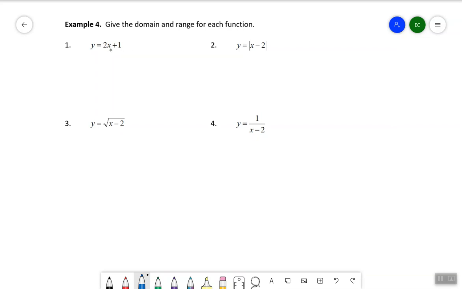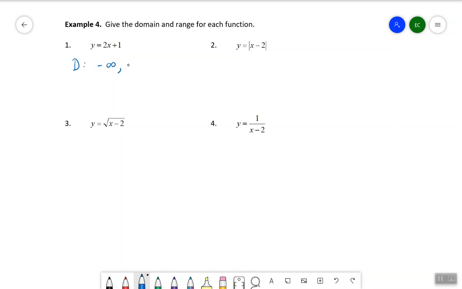What do we need to do with that x value? We need to double it, and then we need to add 1. Can't you do that with any real number? You can multiply by 2 and then add 1 for any real number. So any real number fits the domain. The domain is all real numbers.